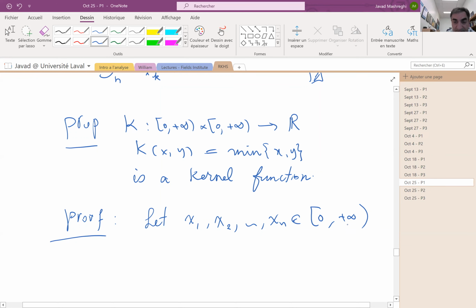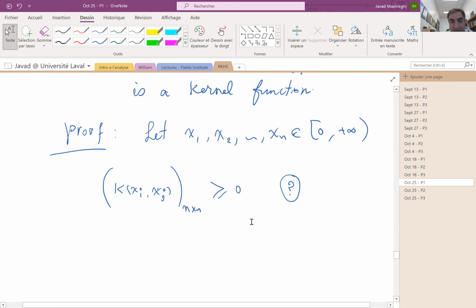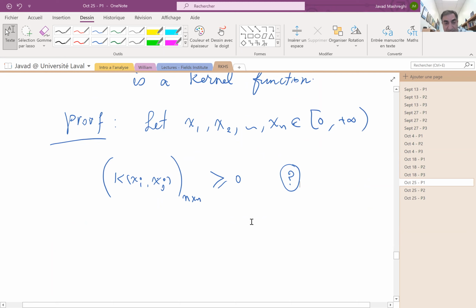And I need to consider the matrix K(xi, xj), this n by n, and show that this is bigger than or equal to 0. And what is this matrix? It depends on comparing xi and xj, which one is smaller.